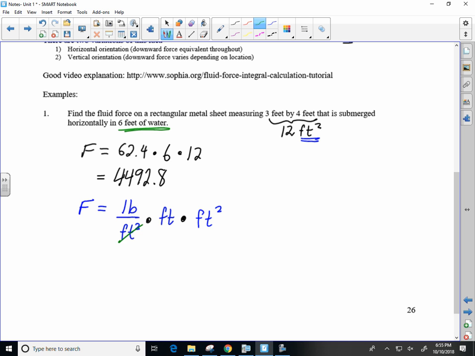Simplify all this, and you get pounds times feet, also known as foot-pounds. But I'm fine with pounds times feet, just the other way. We do need to have the appropriate units.